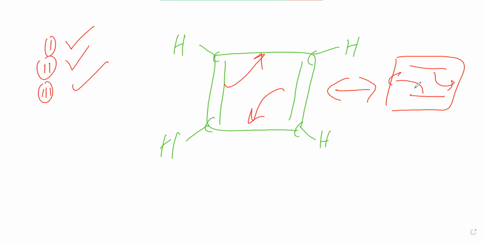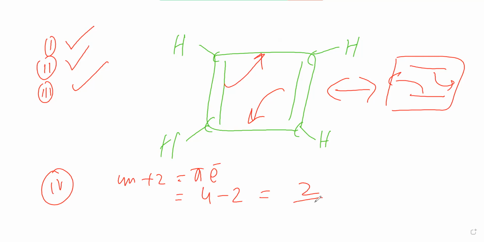Last, the fourth point. Let's see, Huckel rule: 4n plus 2 pi electrons. How many pi electrons are here? 4. Okay, let's do it. So 4 minus 2, 2 by 4 is equal to what? 1 by 2, 0.5. So do you think it's followed?